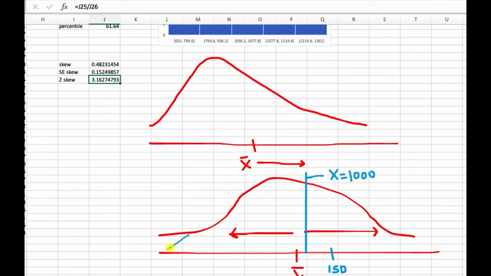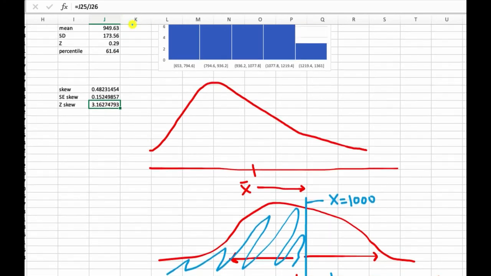Okay, and the percentile that I end up calculating is going to reflect all of the data that are to the left of this point. So when our mean is perfectly centered in the middle of the distribution, 50% of the data should be to the left of the mean, 50% should be to the right. And so if we're just slightly to the right of the mean, it's 50% plus a little bit more, which ends up giving us our 61.64%.